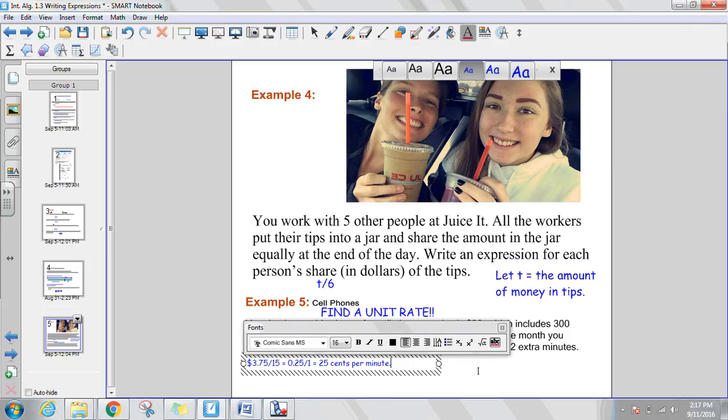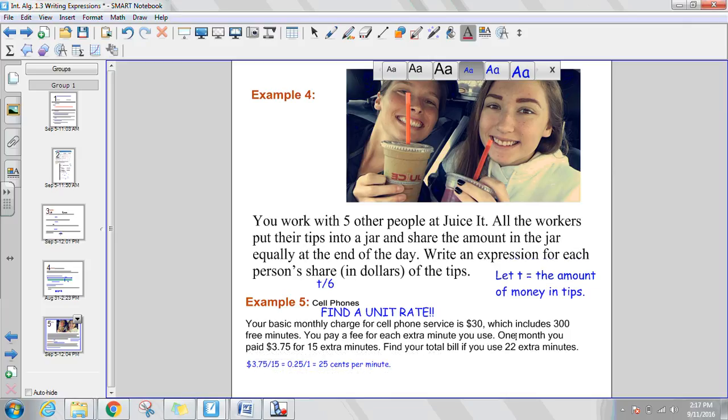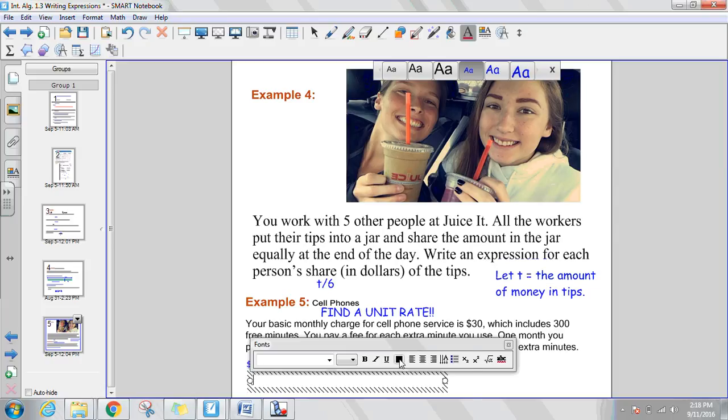Okay, so that's helpful. Now we need to find our total bill if we use 22 extra minutes. Well, we know that we start with $30 no matter how many minutes that we use, and for every minute we spend 25 cents if we go over that total.